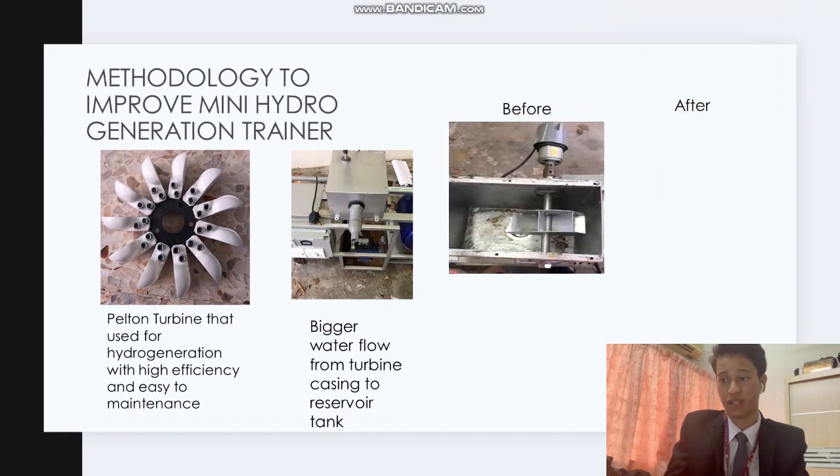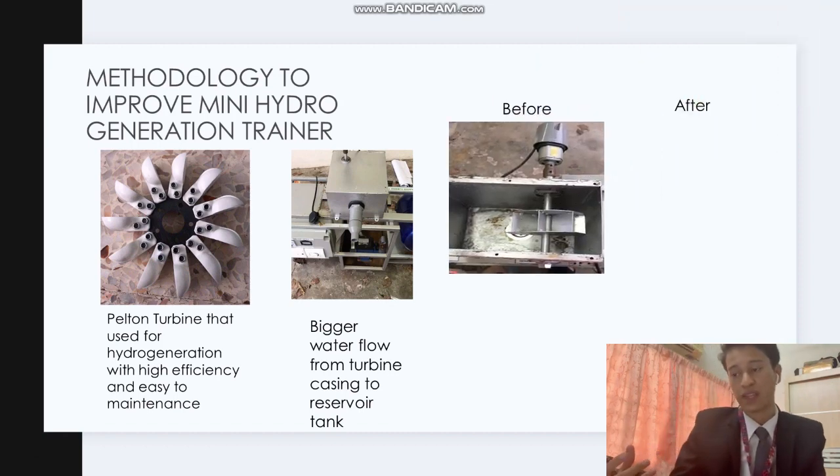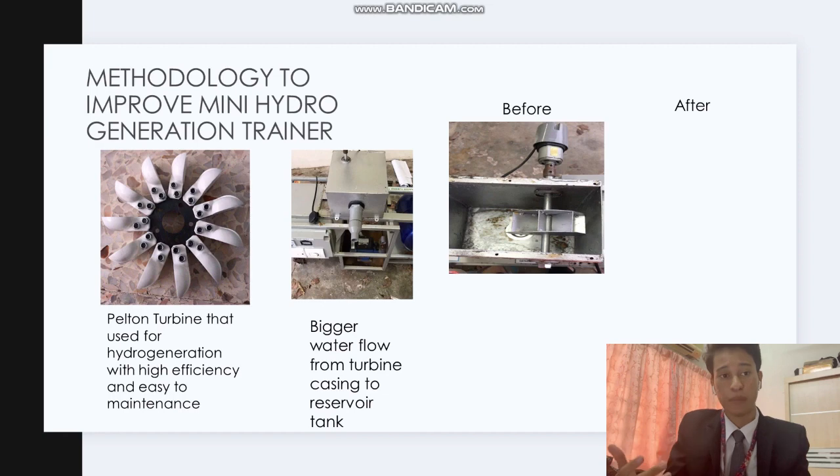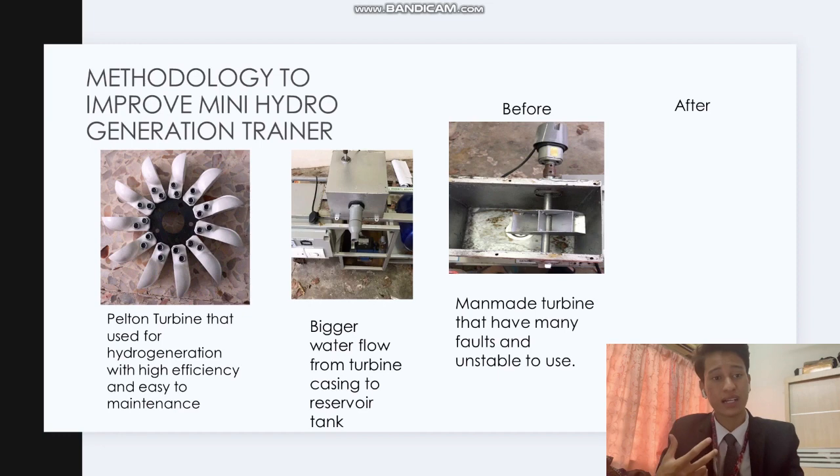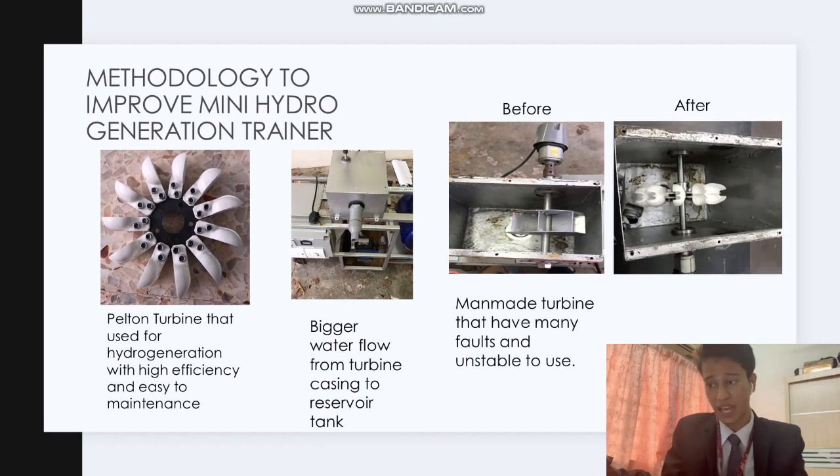And this is the evidence before. This is the turbine that was man-made, which has many faults and is unstable to use because it is not well calculated or supported by any articles or research. And this is after.